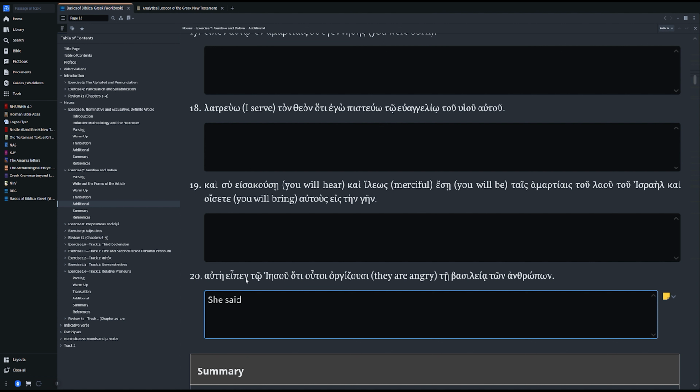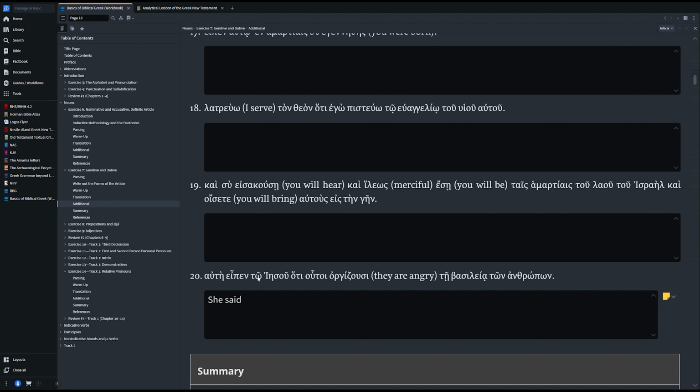To Iesu. Iesu is Jesus, and this looks like a genitive ending. So I'm glad we're going through the workbook, because you might look at Iesu and think, oh, that's a genitive ending. Names don't inflect. So this is actually a dative. I know it's a dative because the article is attached to it.